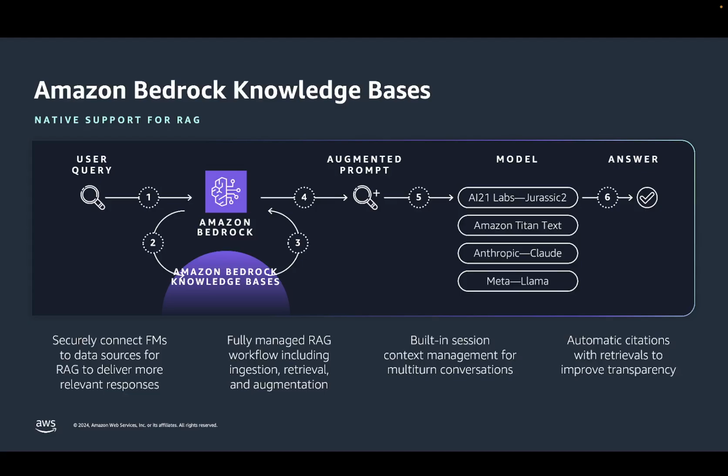It automates the end-to-end RAG workflow, including ingestion, retrieval, and prompt augmentation. This eliminates the need for you to write custom code to integrate data sources and manage queries. All the information retrieved from knowledge bases comes with source citations to improve transparency and minimize hallucinations.